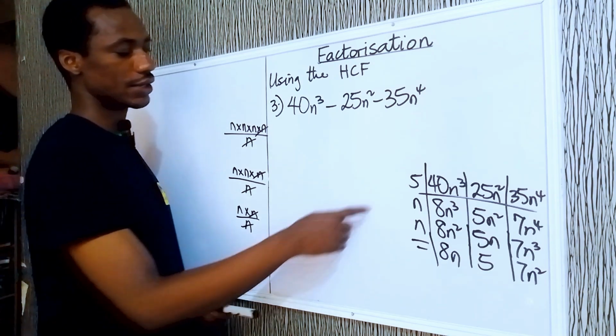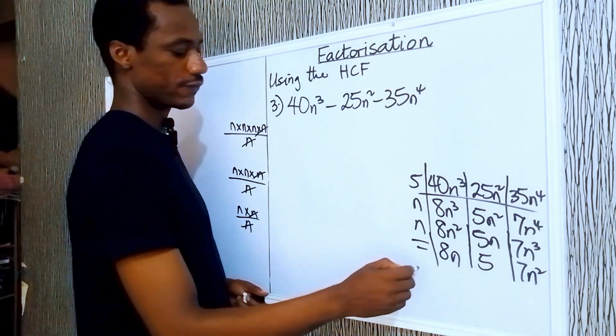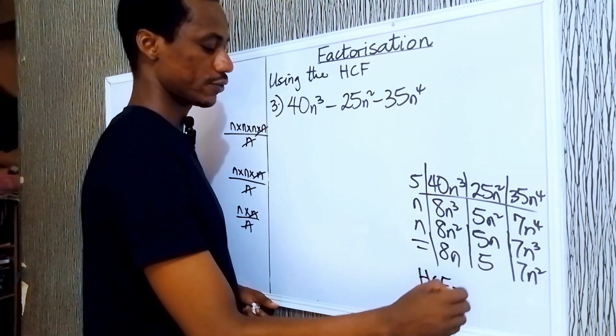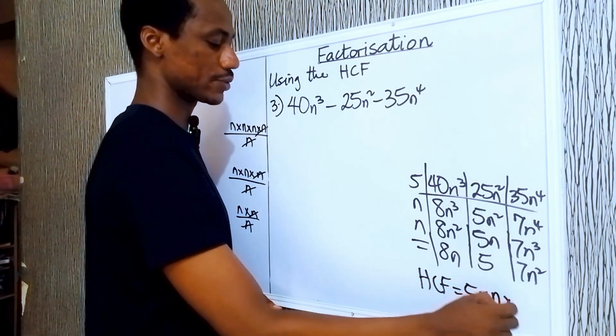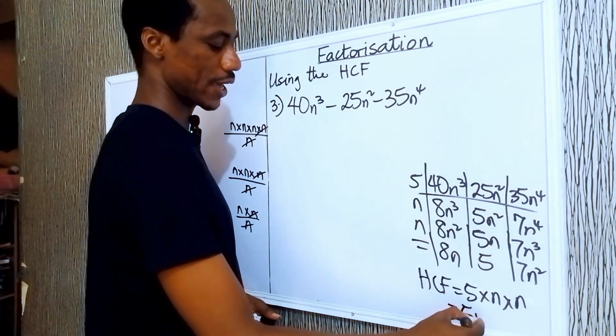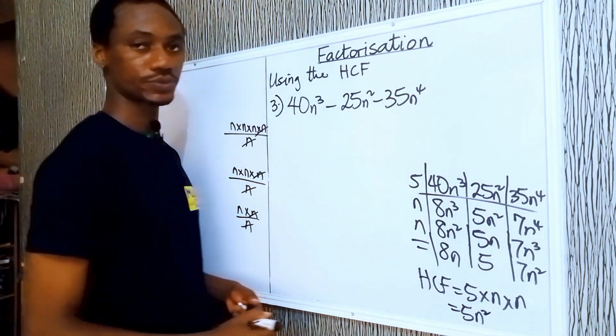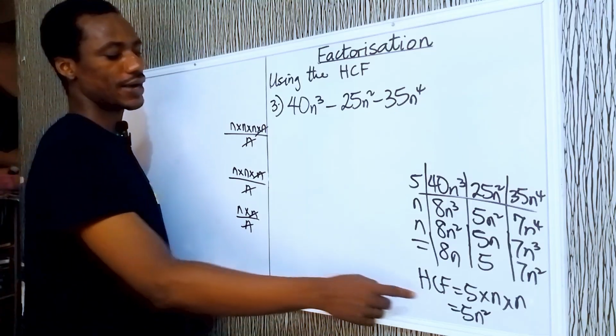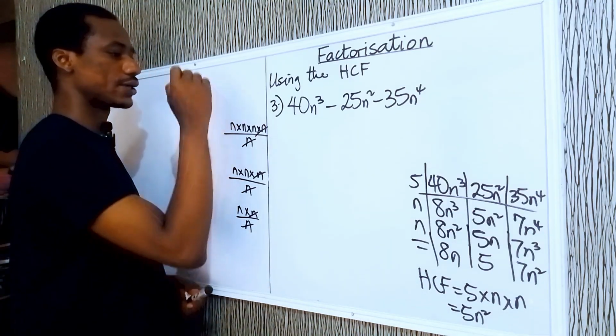All right. So we are left with 5 times n as our HCF. All right, and that is 5n squared. So now that we have our HCF as 5n squared, let's go factorize.